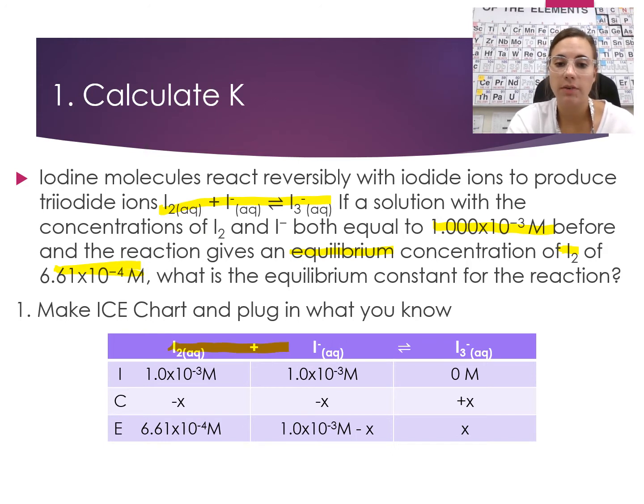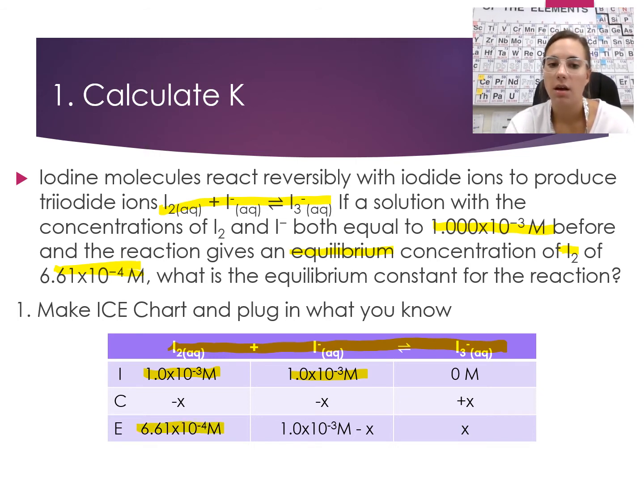So I was given this reaction, I was given these initial concentrations, and then I was given an equilibrium concentration of I2. Now nothing in this question tells me that I have any I3. So if I am not told a concentration of product, I'm going to assume 0.